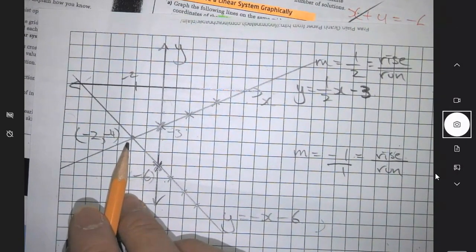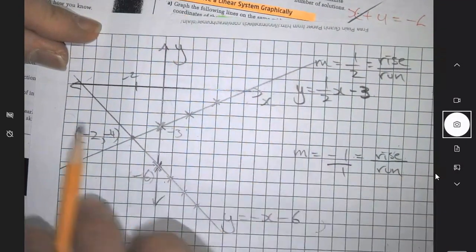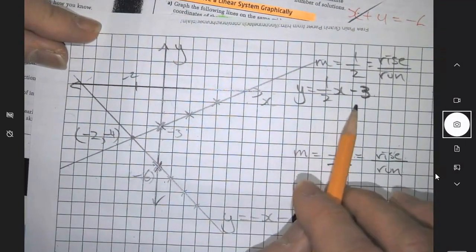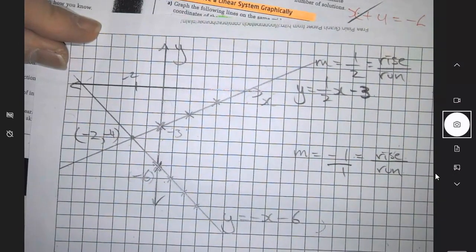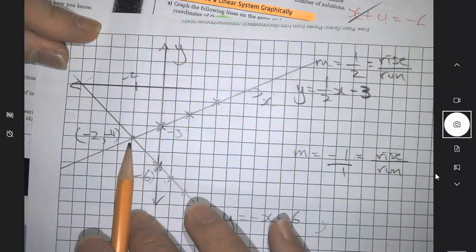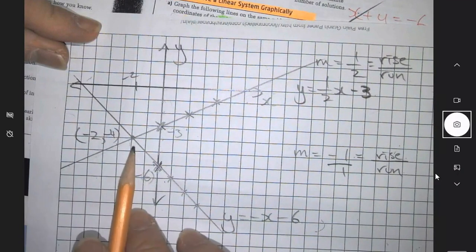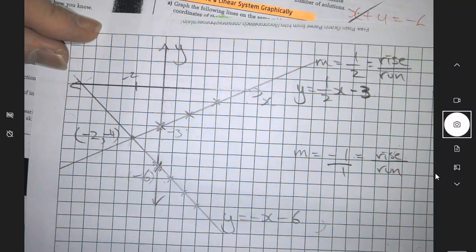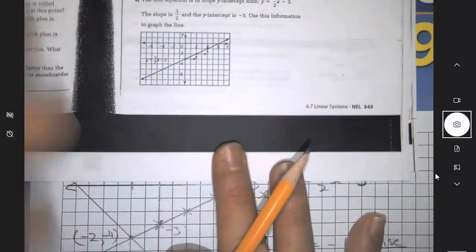So just to quickly summarize, you graph both lines using the y-intercept as well as the slope to do rise over run. You draw a straight line and make sure you find the point of intersection, which for this one is (-2, -4). Okay? Now, you go back here to write down the answer.